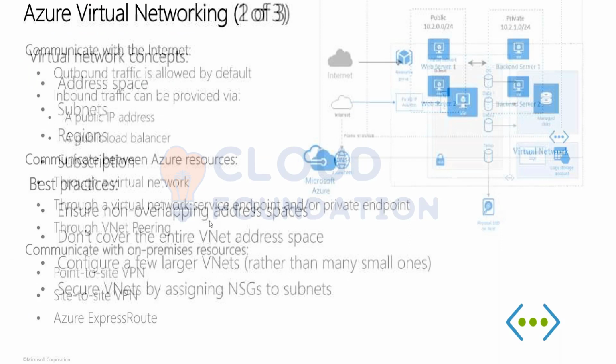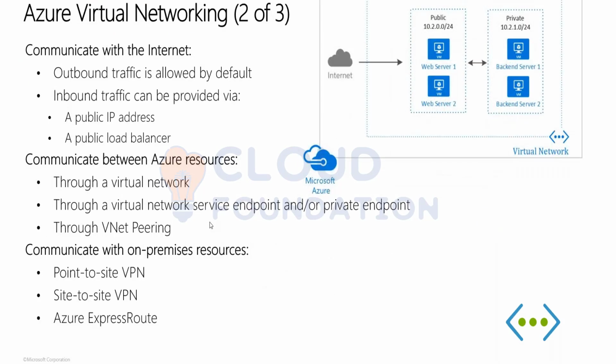Let's move ahead. Now, whenever you have subnets created, within each subnet you can create multiple virtual machines. Once you look at these virtual networks, these are the foundations for your virtual machines.